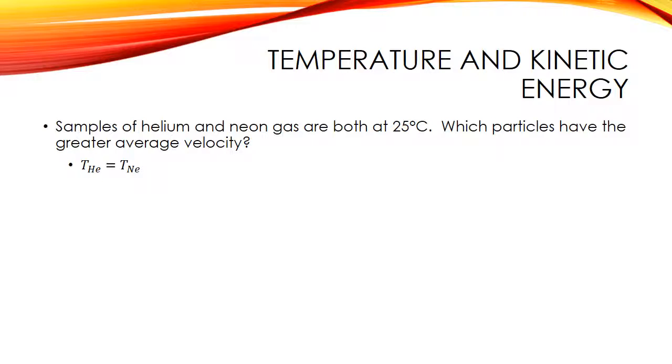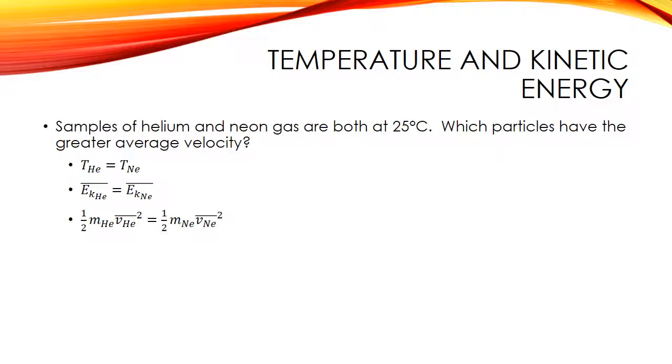So here's what we're told. We're told that the two temperatures are the same. The temperature of the helium gas is equal to the temperature of the neon gas. Based on the previous slide, we know that that means the average kinetic energy of the helium particles must equal the average kinetic energy of the neon particles.